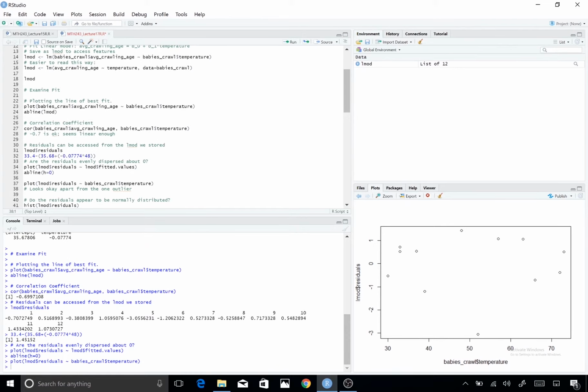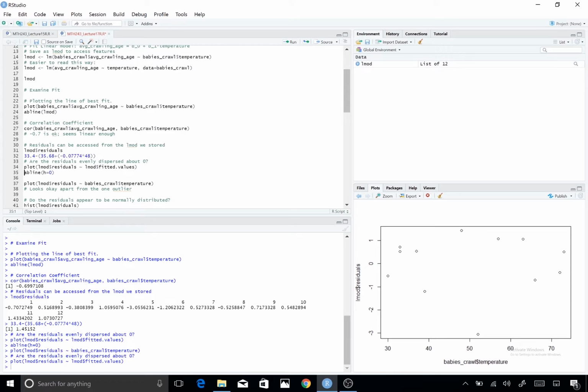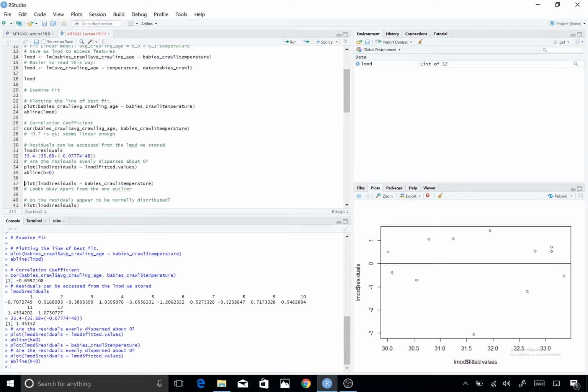Doesn't make much difference. You'll see the book do this, but fitted makes more sense when we get to multiple linear regression. So I like to stick with residuals versus fitted.